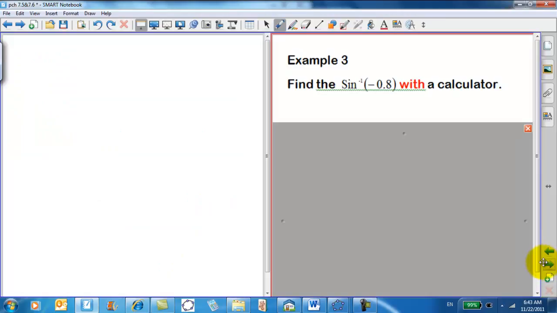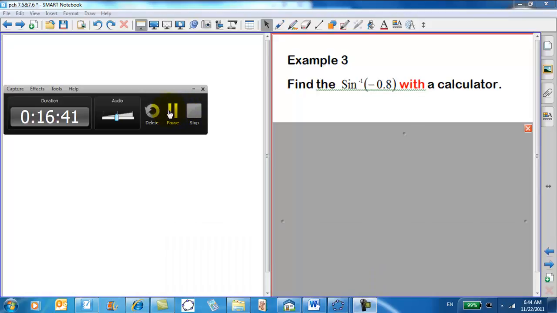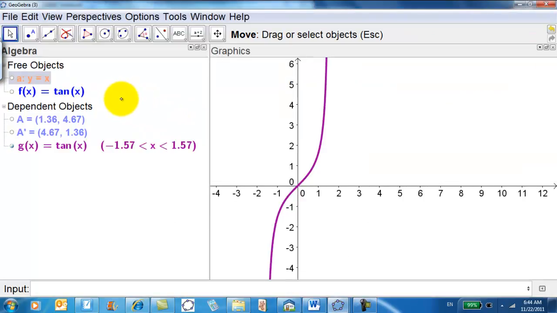Okay, example 3, find. Now, before we get into example 3, let's go ahead and explore the inverse sine and inverse cosine functions. And for that, I'm going to go to GeoGebra again. Okay, here's the work I did with inverse tangent, but now we're going to change this to sine, the sine function.